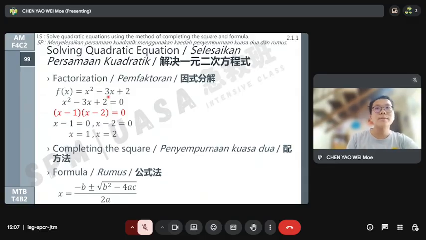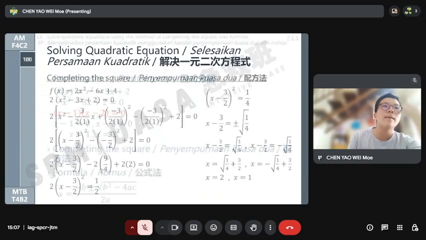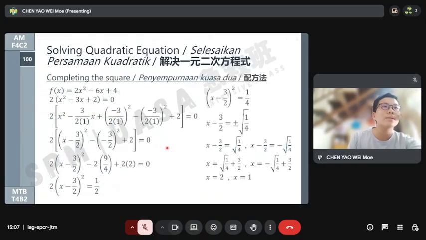Next we learn what completing the square is. What is the method? First, when we want to find the roots, meaning the x, basically we do the factorization. Today we're doing completing the square.